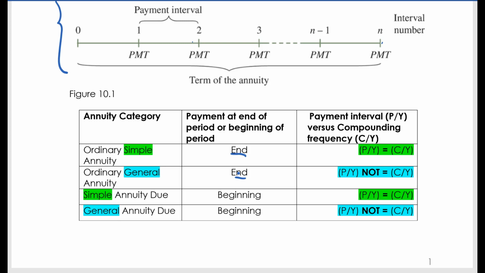An ordinary general annuity is when they're not the same. So you might be paying monthly, but your interest might be compounding quarterly. We did that already when we did compounding interest, where sometimes they didn't match, and how to enter that into your calculator.